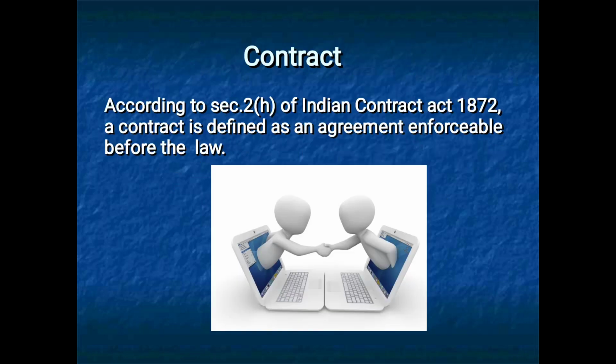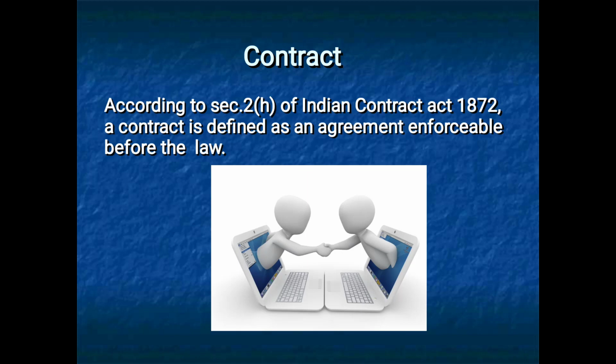Before entering into the main topic, that is classification of contracts, let us see what is contract. We heard about various acts which are implemented by the Indian government. For example, Indian Partnership Act, Indian Companies Act, Consumer Protection Act, Negotiable Instrument Act, and so on. Have you heard such types of acts? Yes.